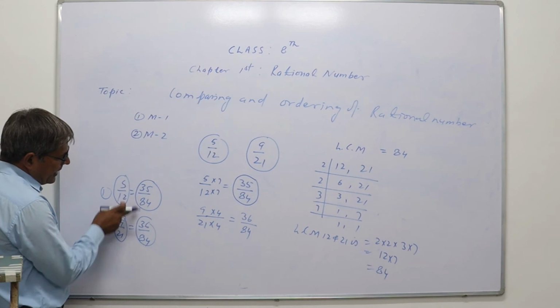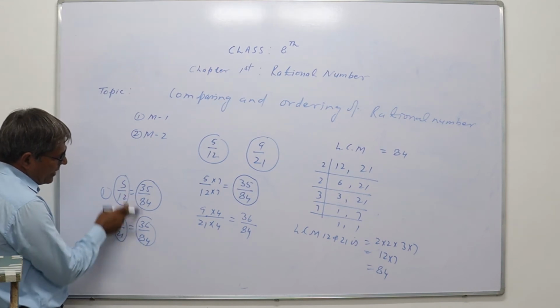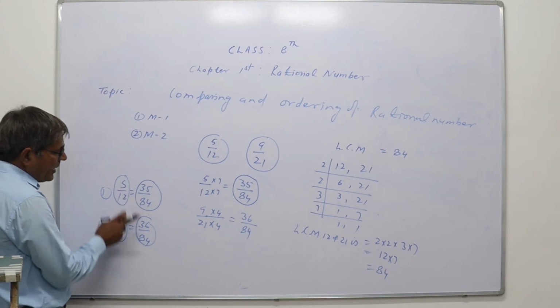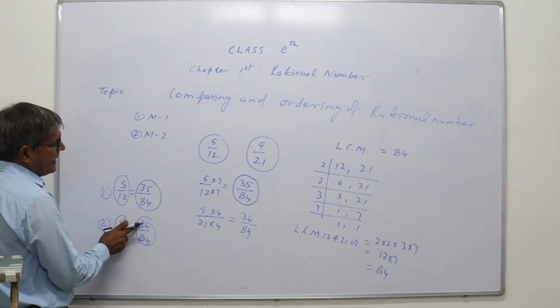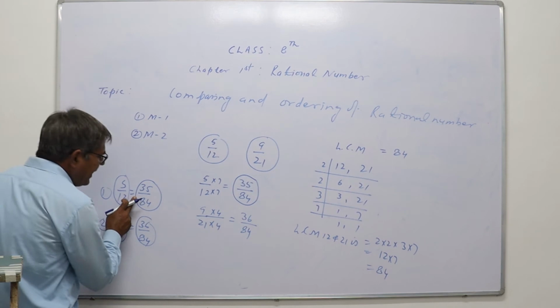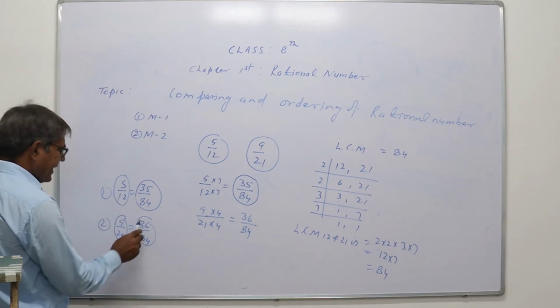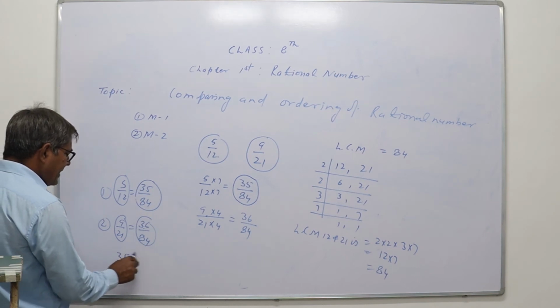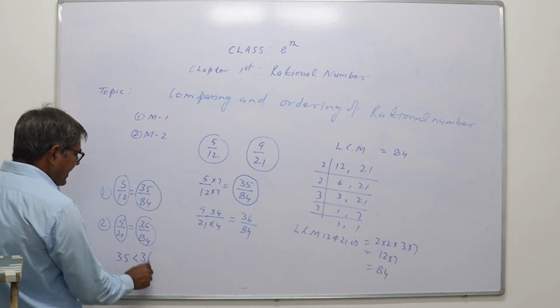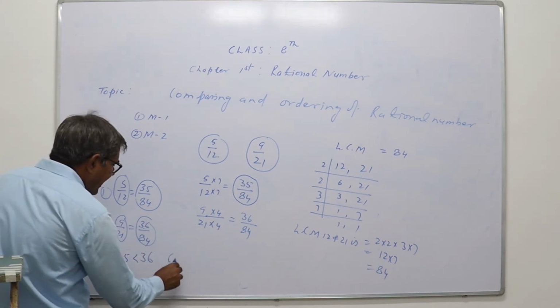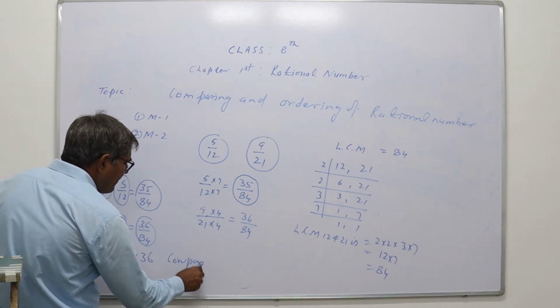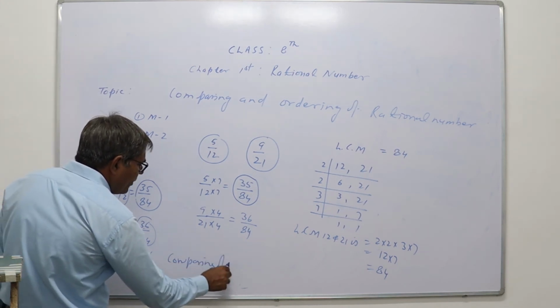By making the denominator the same, now in these two rational numbers the denominator is the same, so the one whose numerator is greater, that rational number will be greater. So here the numerator of the first rational number, that is 35, is less than 36. This is called comparing the numerators.